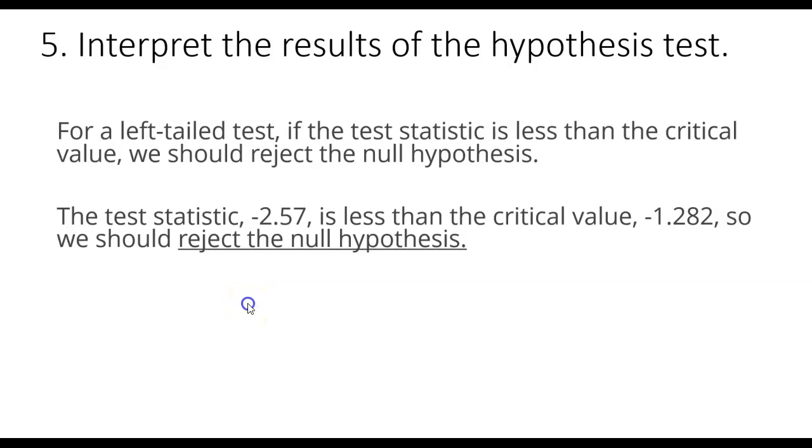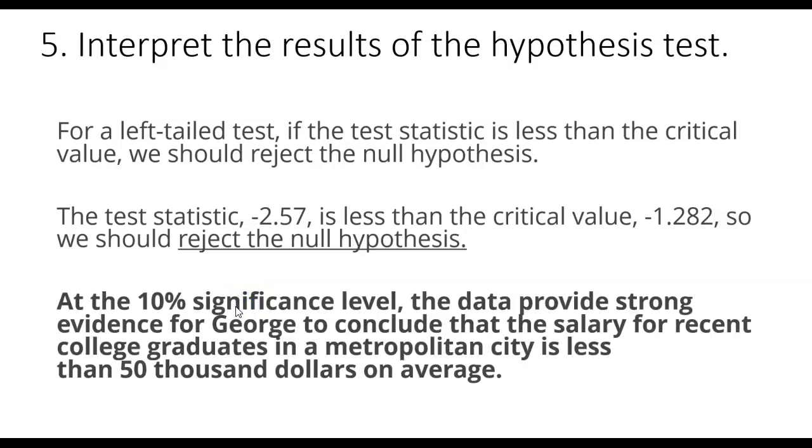If we're rejecting the null hypothesis, that means at the 10% significance level, the data provide strong evidence for George to conclude that the salary for recent college graduates in a metropolitan city is less than $50,000. Because rejecting the null means that we have enough evidence to support the alternative hypothesis, and in this case, it's less than $50,000 on average.